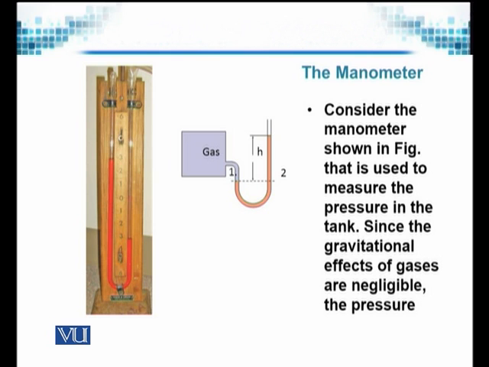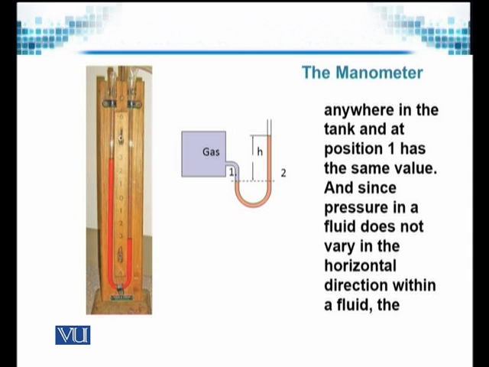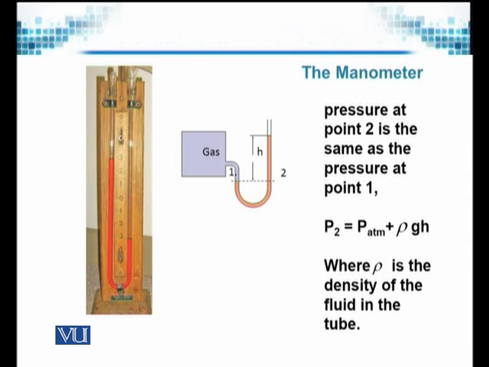The same is the position on the other picture. And since pressure in a fluid does not vary in the horizontal direction within a fluid, the pressure at point 2 is the same as the pressure at point 1. तो पिक्चर में आपको दिख रहा होगा गैस वाले उसमें कि हॉरिजेंटल डायरेक्शन पे, क्योंकि 1 और 2 are at the same horizontal level, same height, and therefore they have to equate.